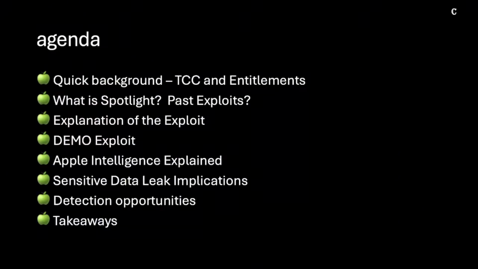We'll talk about our exploit, and everybody loves a demo, so we're going to do a demo. Then we'll talk about Apple Intelligence and some of the sensitive data that can be leaked from Apple Intelligence, leveraging different types of exploits like ours, as well as detection opportunities to protect against those, and then takeaways.